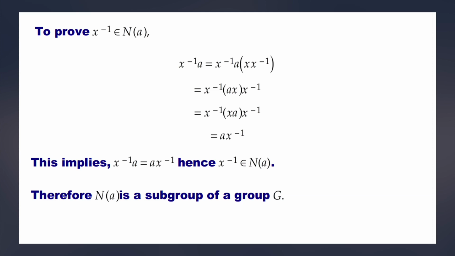We have already seen that ax = xa. So the answer is a x inverse. This implies x inverse a = a x inverse, hence x inverse is in N(a). Therefore, the normalizer of a is a subgroup of the group G.